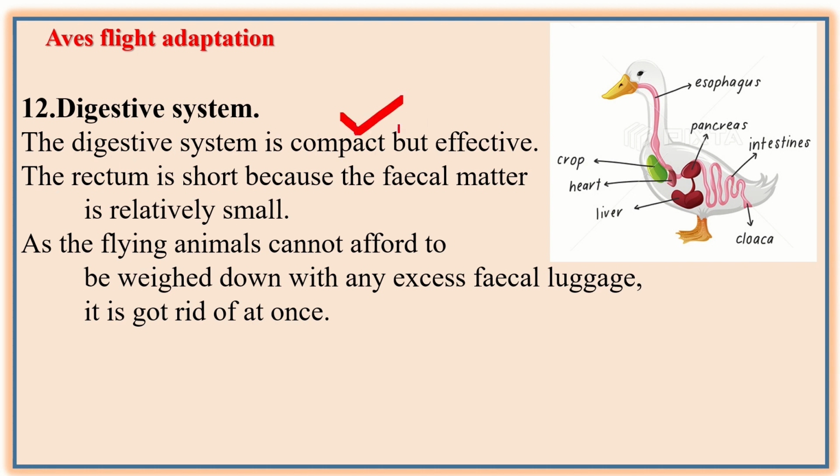The rectum is short because the fecal matter is small, as flying animals cannot afford to be weighed down with any excess fecal luggage. So little waste material is produced.